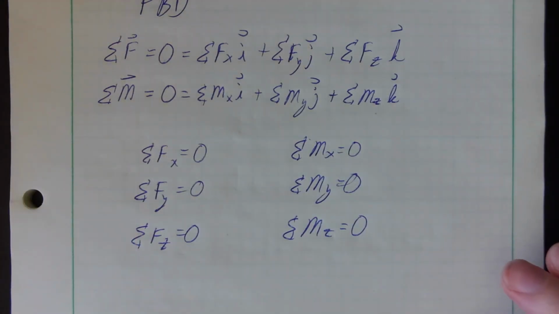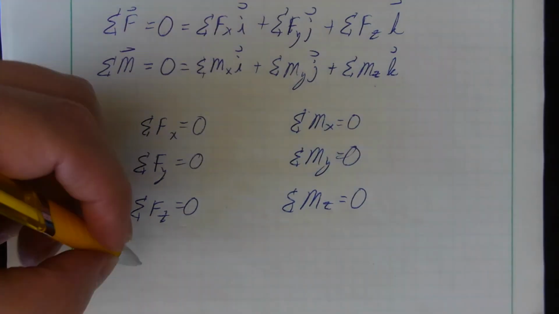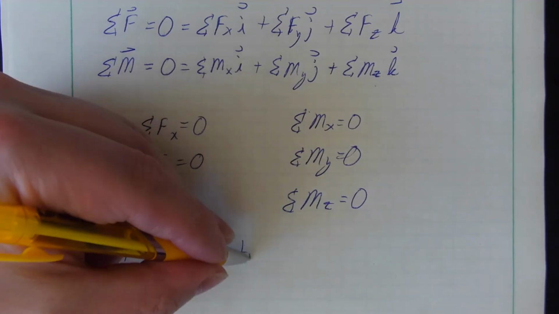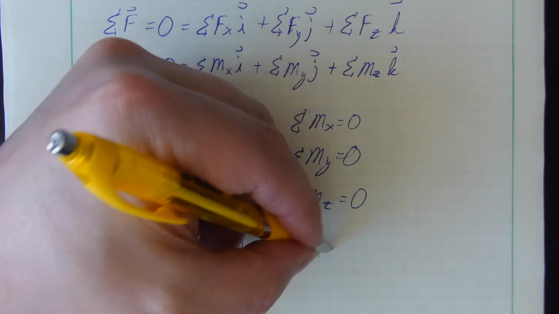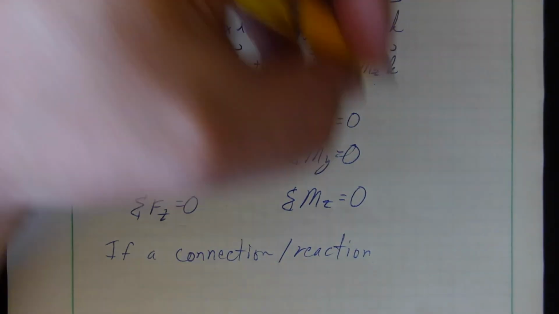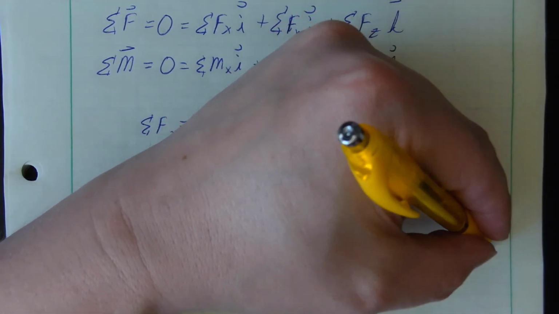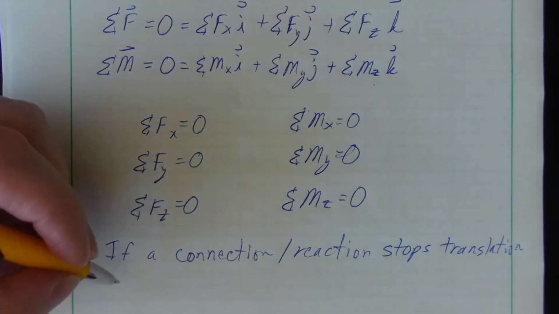we talked about, when we talked about two-dimensional reactions and how do I know what forces and moments are applied with a two-dimensional reaction, and we said it really kind of comes down to what type of motion is stopped or prevented if a connection or reaction stops what we call translation motion.